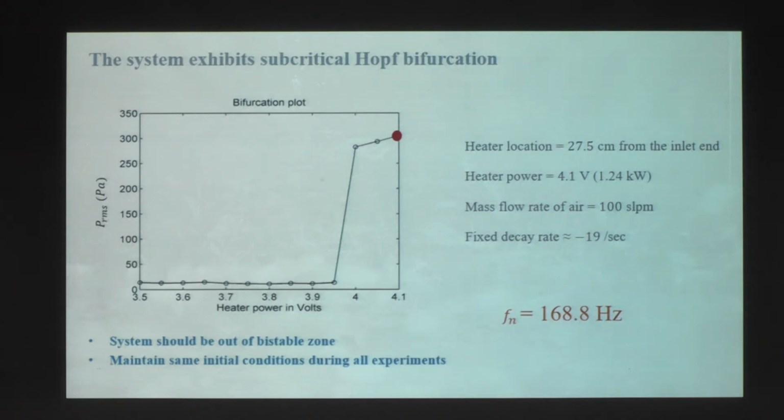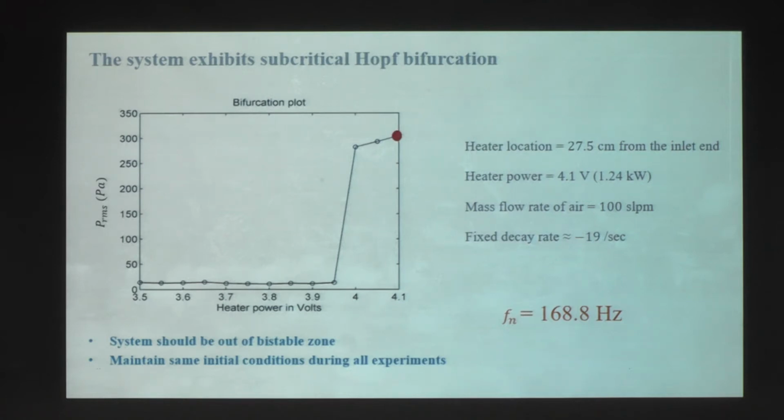This is something known as subcritical Hopf bifurcation, and the hysteresis zone is the characteristic of subcritical Hopf bifurcation. In this experiment we are not changing anything, we are setting these values so that we have thermoacoustic instability here, away from the bistable zone.